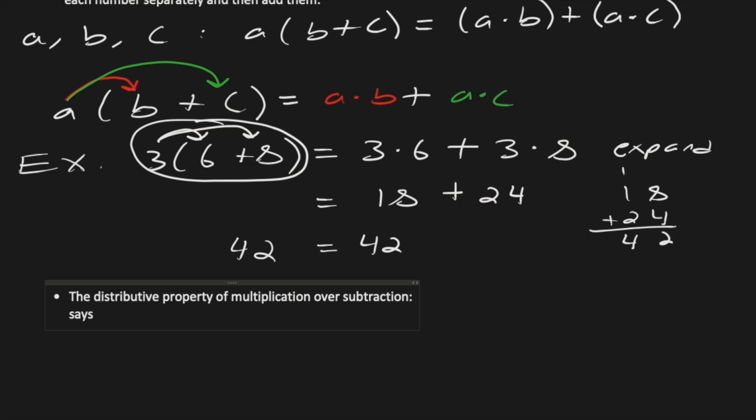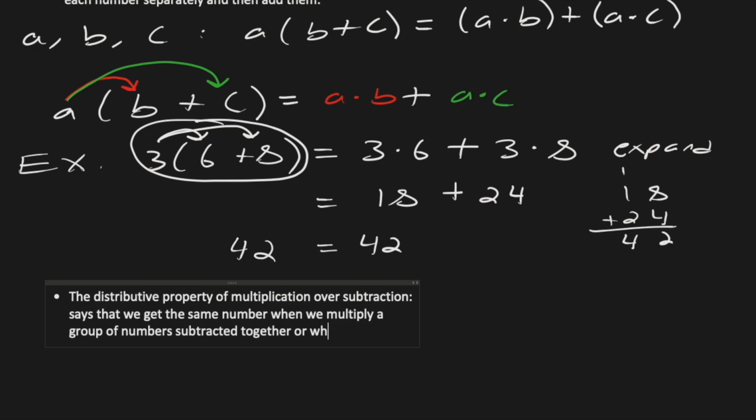And it says that we get the same number when we multiply a group of numbers subtracted together, or when we multiply each number separately and subtract them.